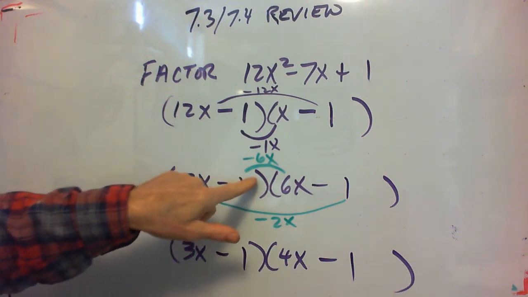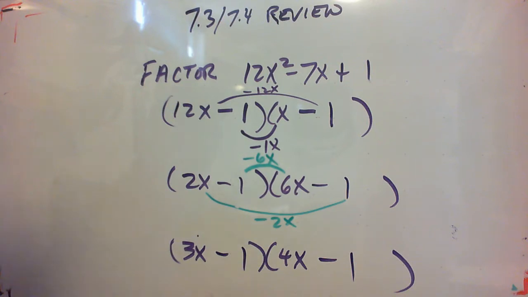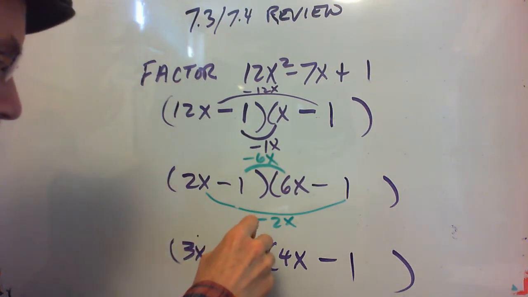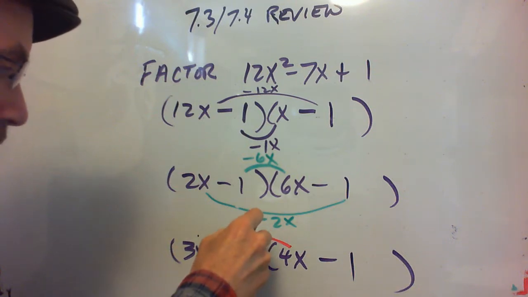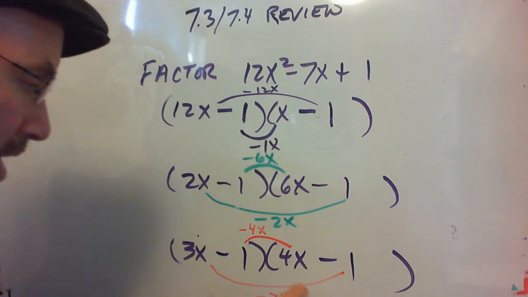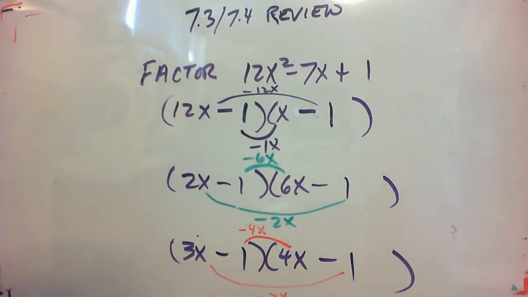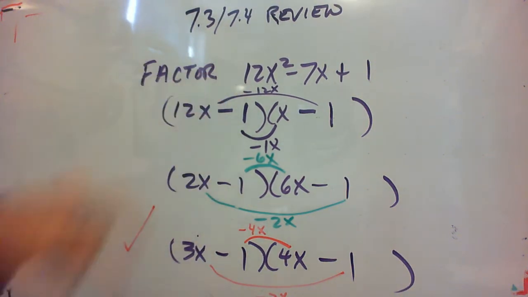We end up with negative 6x's and negative 2x's when we multiply out, makes negative 8x's. Then finally, the 3x minus 1 times the 4x minus 1, we get negative 4x's, negative 3x's, makes the negative 7x. So this last possibility is the one that FOILs out and works.